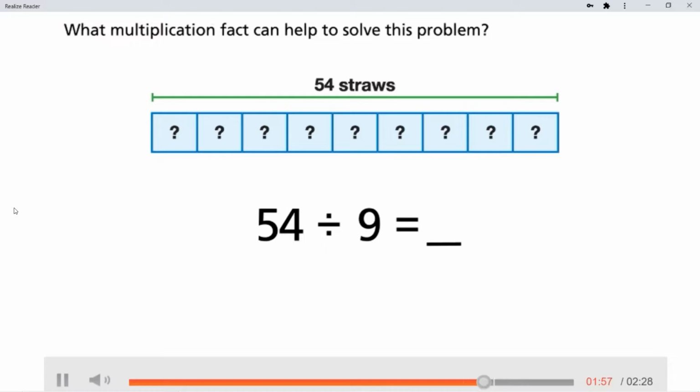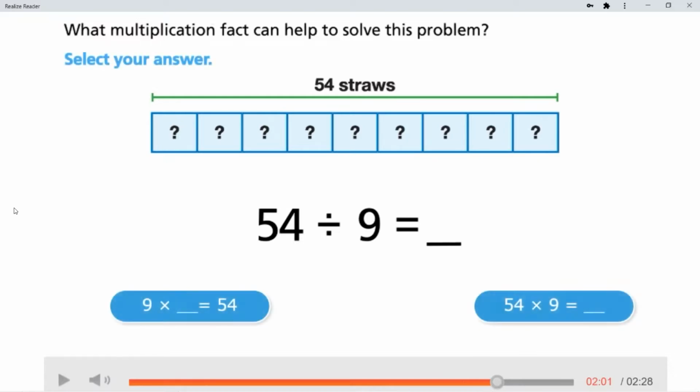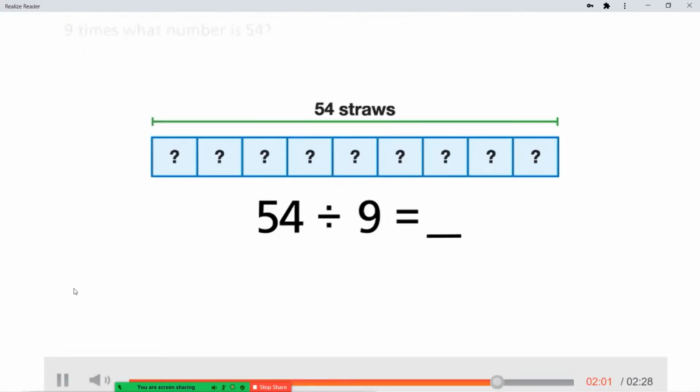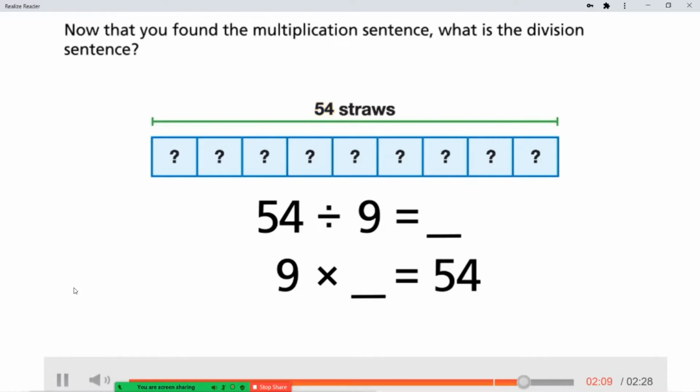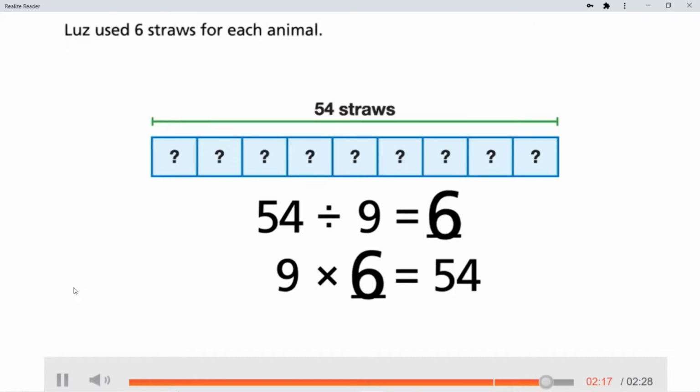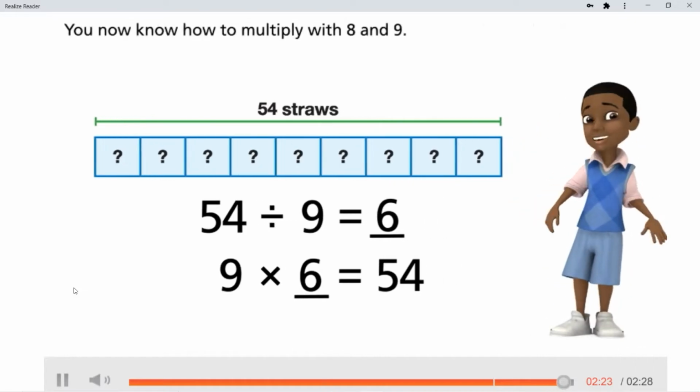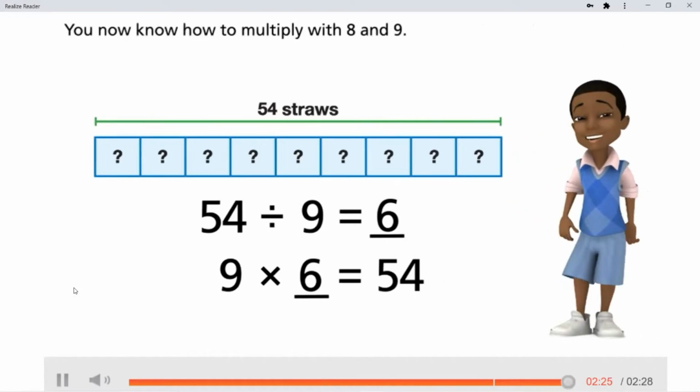What multiplication fact can help to solve this problem? Select your answer. Nine times what number is 54? Now that you found the multiplication sentence, what is the division sentence? Luz used 6 straws for each animal. You now know how to multiply with 8 and 9.